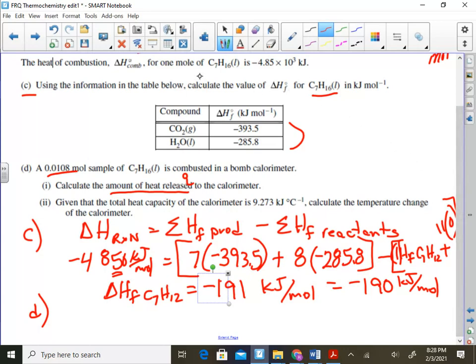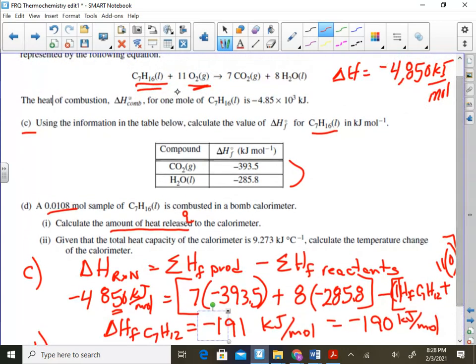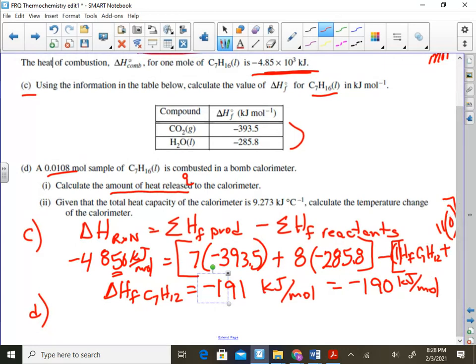We're given our combustion reaction up here and the delta H of that combustion reaction. So if we come over here and set this up, this is simply a dimensional analysis problem where we start with our 0.0108 moles of heptane.